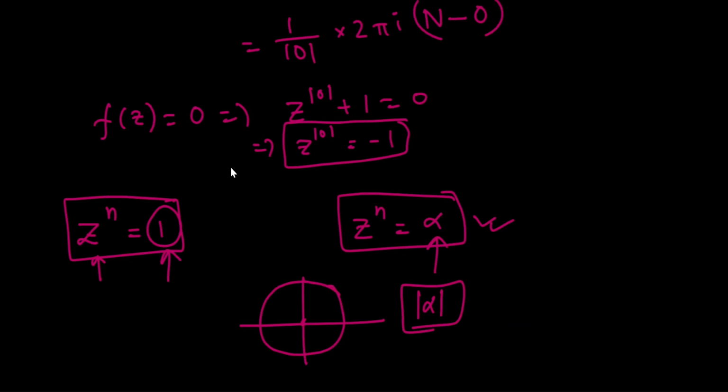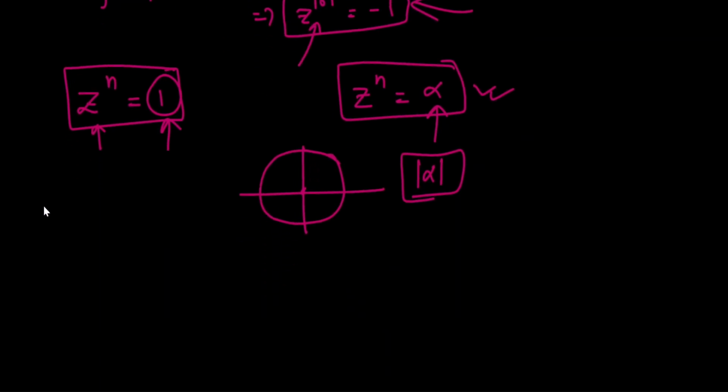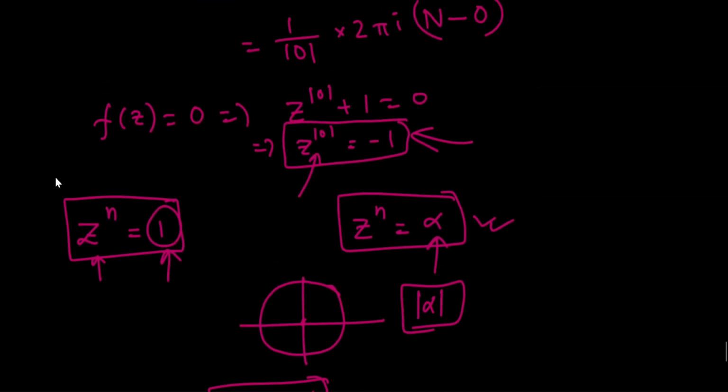So the number of roots is clearly 101. Therefore the number of zeros for this function is N equal to 101. Here it is also noted that the modulus of minus 1 is clearly 1.